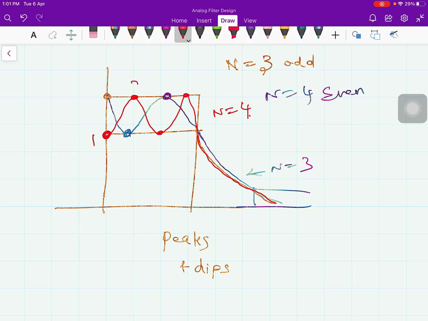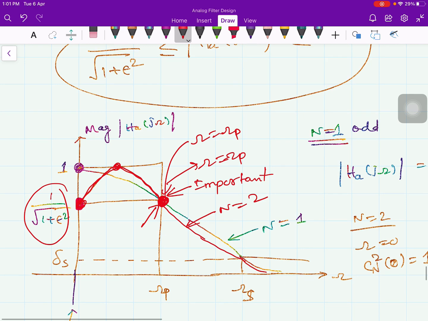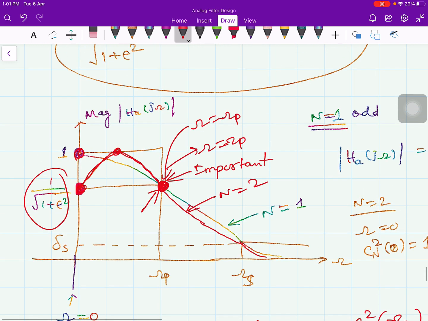So 1, 2, 3 and 4. So there are 4 peaks and dips. When you consider n equal to 1, you have only one peak here, that's it. Consider n equal to 2, then you have only 2 points.